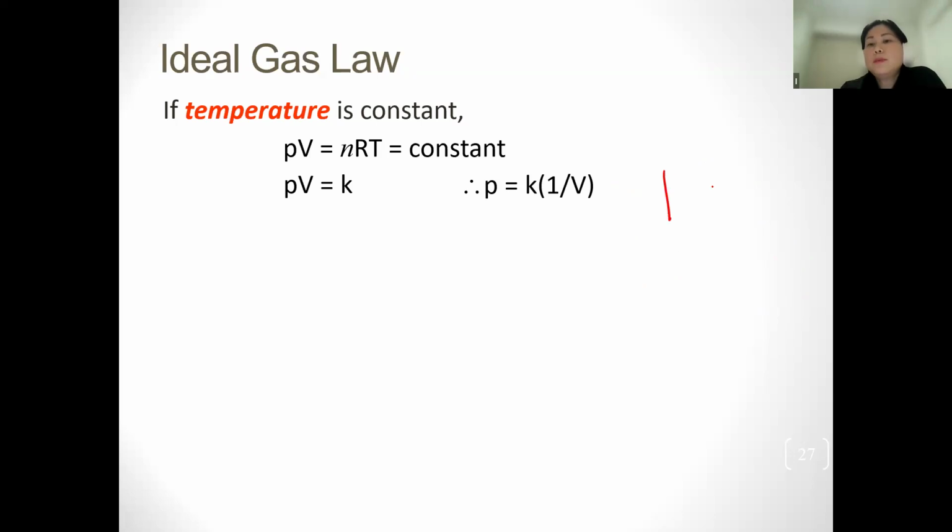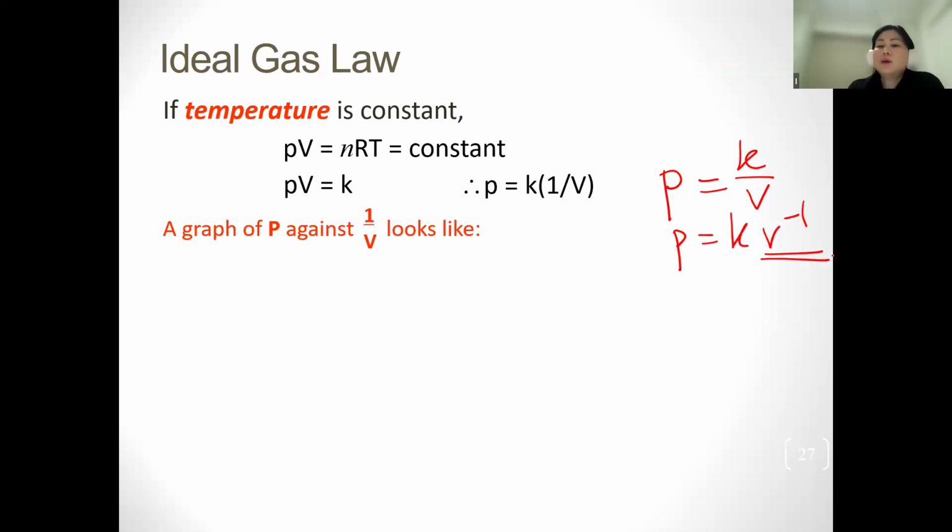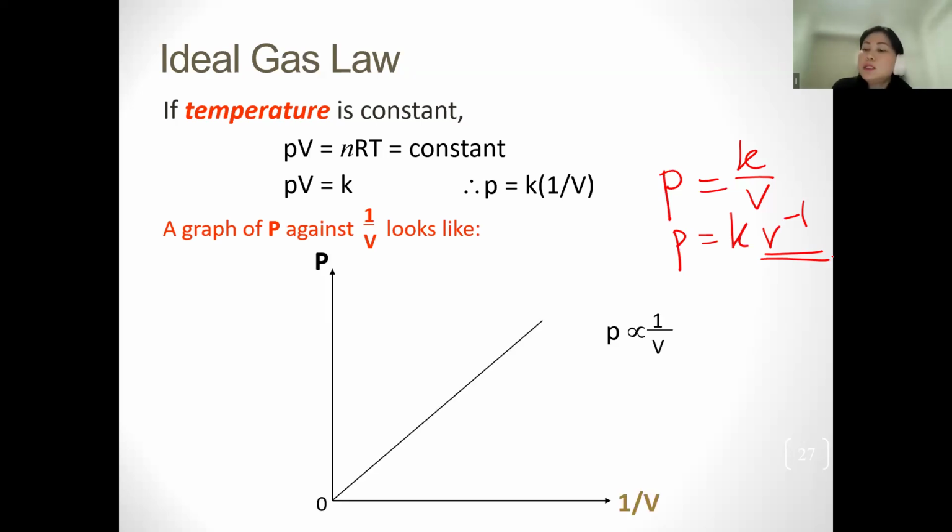So we are going to plot a P equals K over V graph. In this case, it is a P equals KV to the power of minus 1 graph. So if I plot P against V to the power of minus 1, it looks like a straight line. Look carefully.